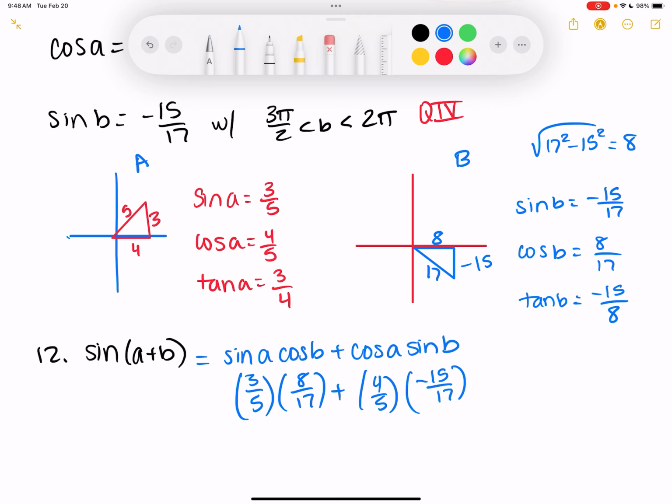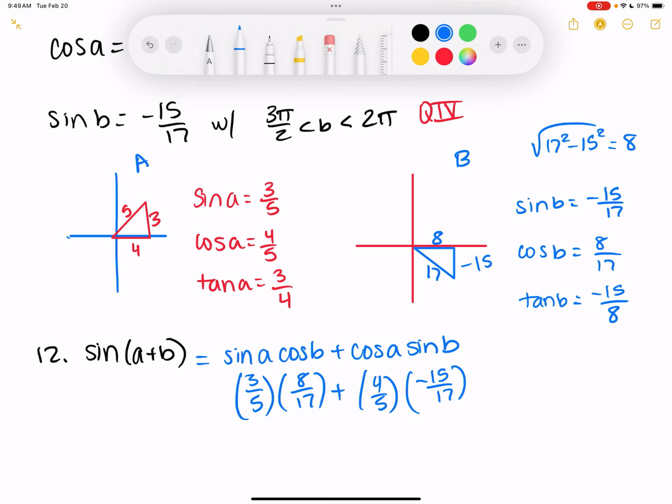Now, the difference in these problems, obviously, from the last ones, is these answers aren't going to be square root of 6 plus square root of 2 over 4. Those were that way because they came off the unit circle. The nice thing about these is most of the time you should end up with a common denominator, if not all the time, just because of the nature of how they set up.